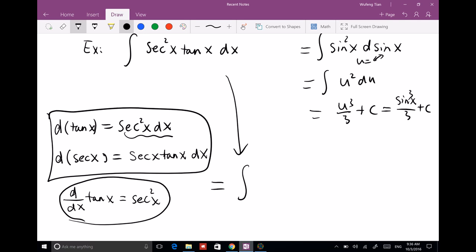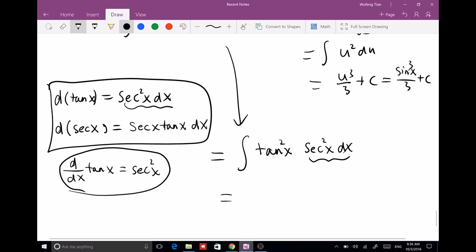Can anyone tell me what to do from here? I do have a tangent x here, we do have secant squared, I have dx. So how about this: I combine the secant x squared dx, combine these two together.